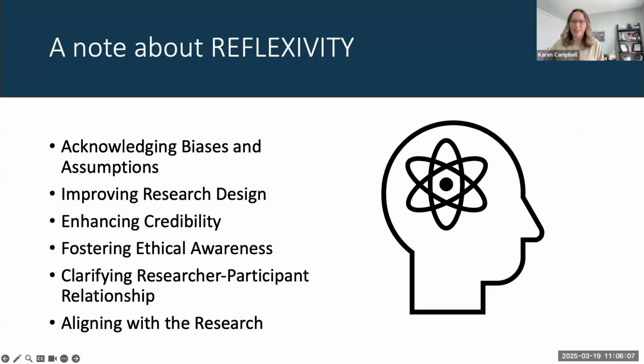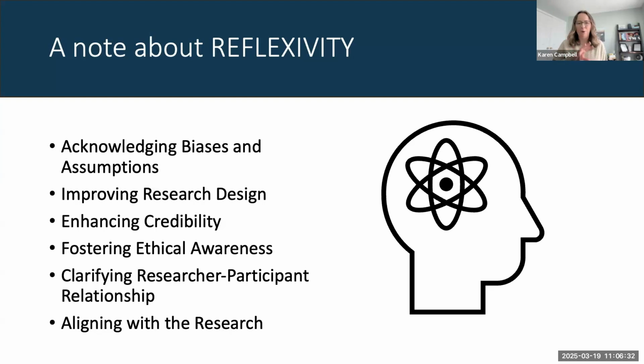Last time we did talk about reflexivity, and just to recognize that overall, whenever we engage in reflexivity before we come to data generation, it really sets the stage for an ethical, rigorous, and thoughtful way in which we come about our research.